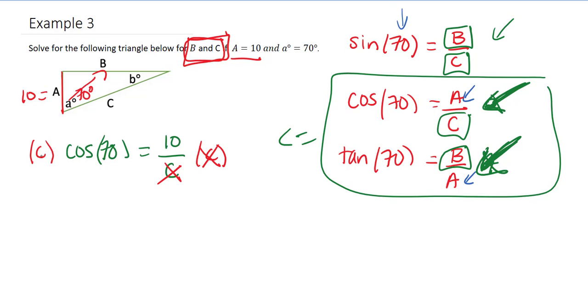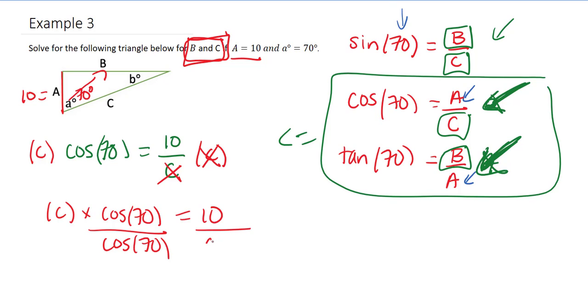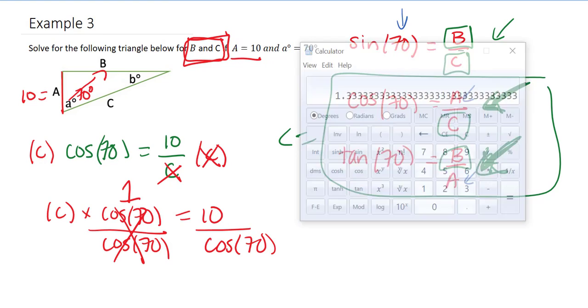Now we have C times cosine of 70 on the left-hand side, and we need to get rid of the cosine of 70. How do we do that? We just divide on both sides. When we divide it by itself, this just becomes 1. And then we're left with 10 divided by cosine of 70 degrees, which is equal to C.